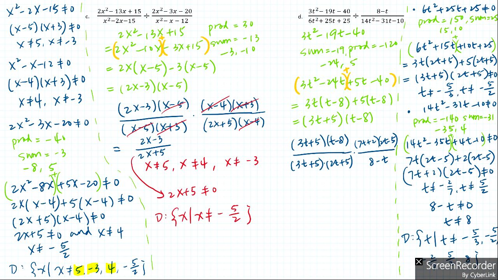And now we can go through the cancellation. 3t plus 5 doesn't equal 0 is equivalent to saying t doesn't equal -5/3. And then I have this factor t minus 8 and 8 minus t.